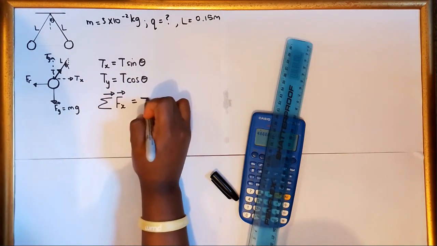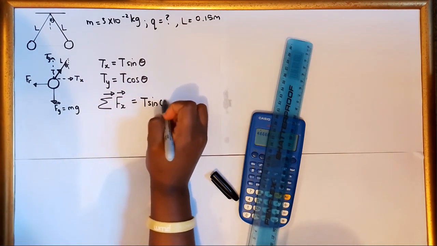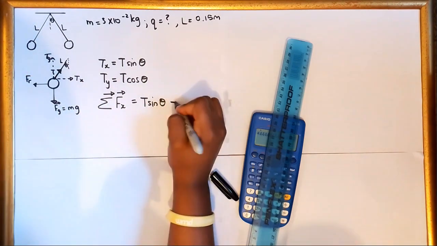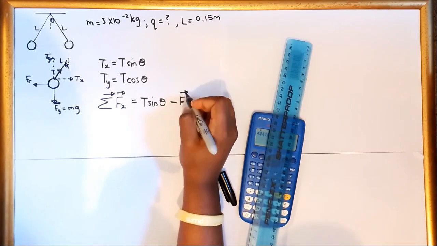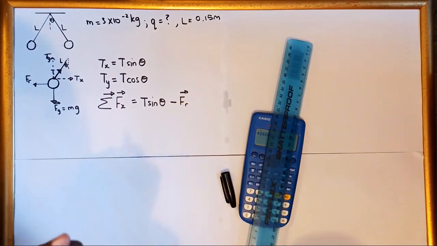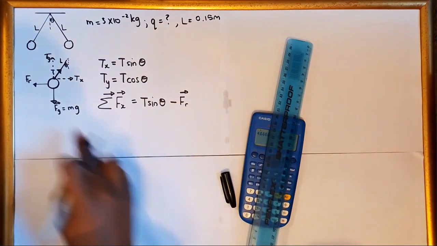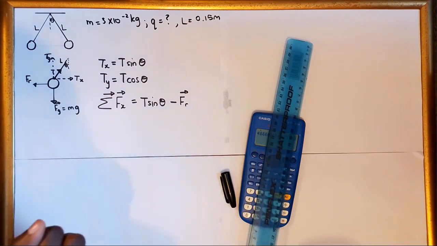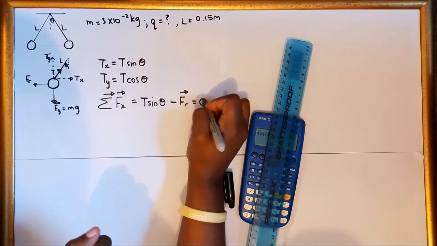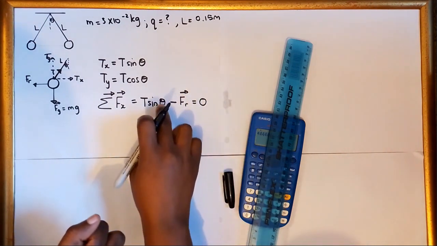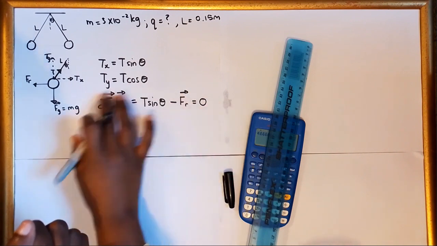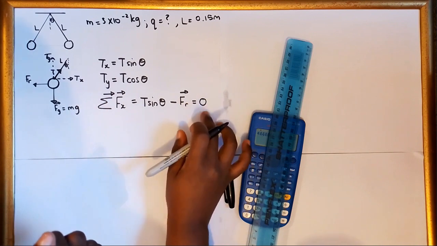Tx is equal to T sine theta minus your repulsion force, which is going to the left, so it's minus the force of repulsion. Because the sphere comes into equilibrium when theta is equal to 5, I can set this equal to 0. Remember, it comes into equilibrium, so the forces in the horizontal are equal to 0.